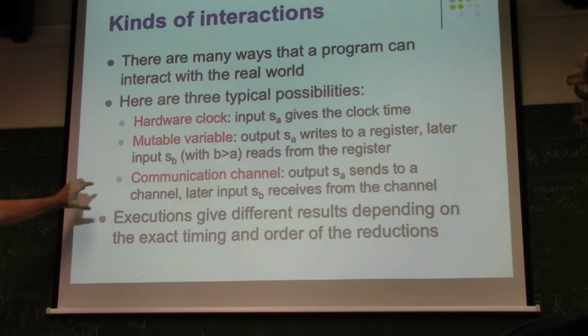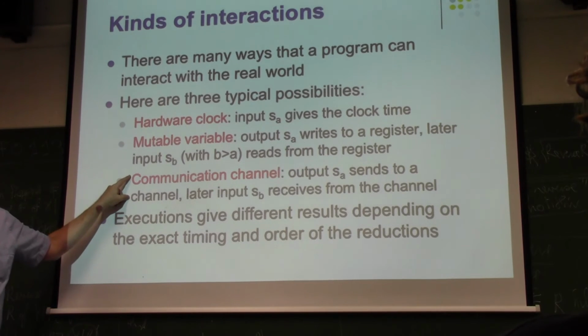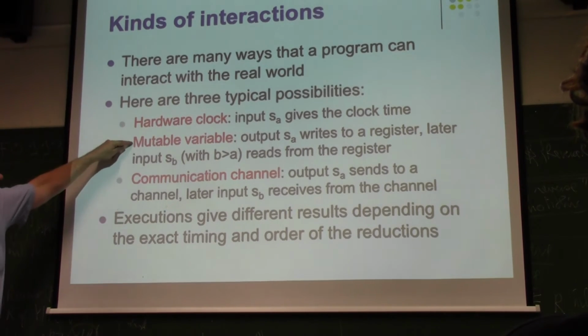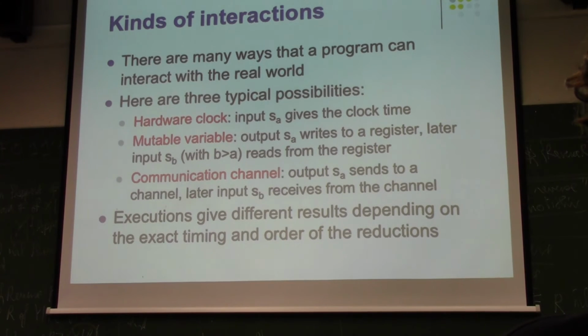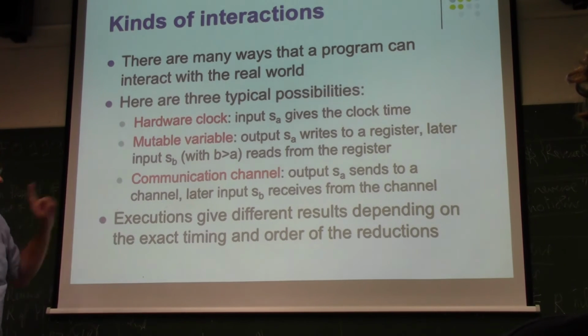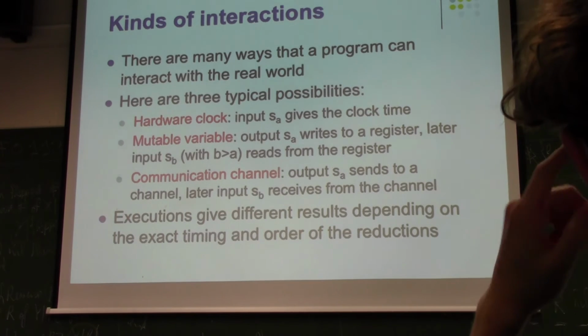And there's another way, which is also very common, which is a communication channel. The difference between a variable and a channel is that in a variable, you only see the last value. So if I write twice to a variable, you only see the last one. Whereas with a channel, you will see all of them. If I send two things to the channel, I can read both of them.